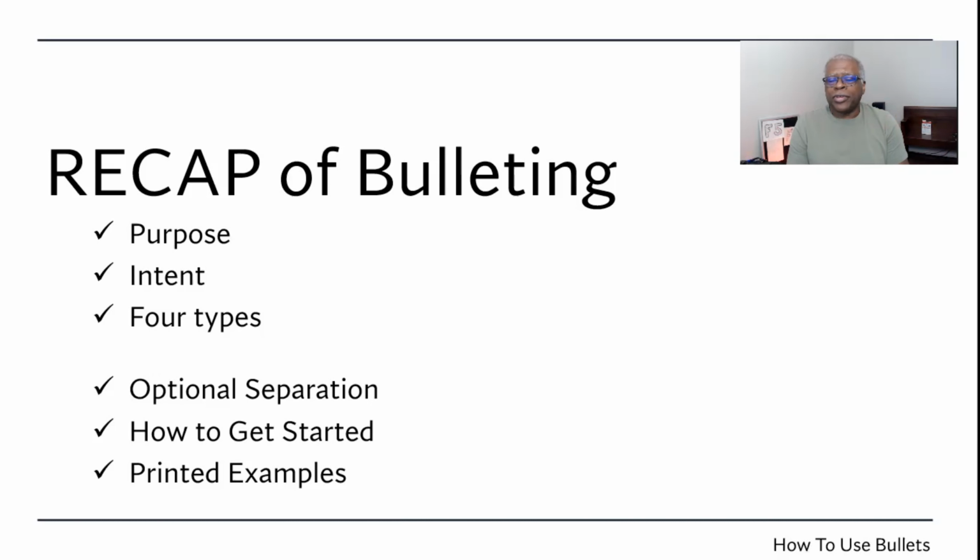How to get started, you can either start typing, you can paste in some text, or you can do a combination using the master slide setup so that your bullet symbol is the same each time without having to change it. We went over some printed examples of real world bulleting examples so that you could see what it looks like.